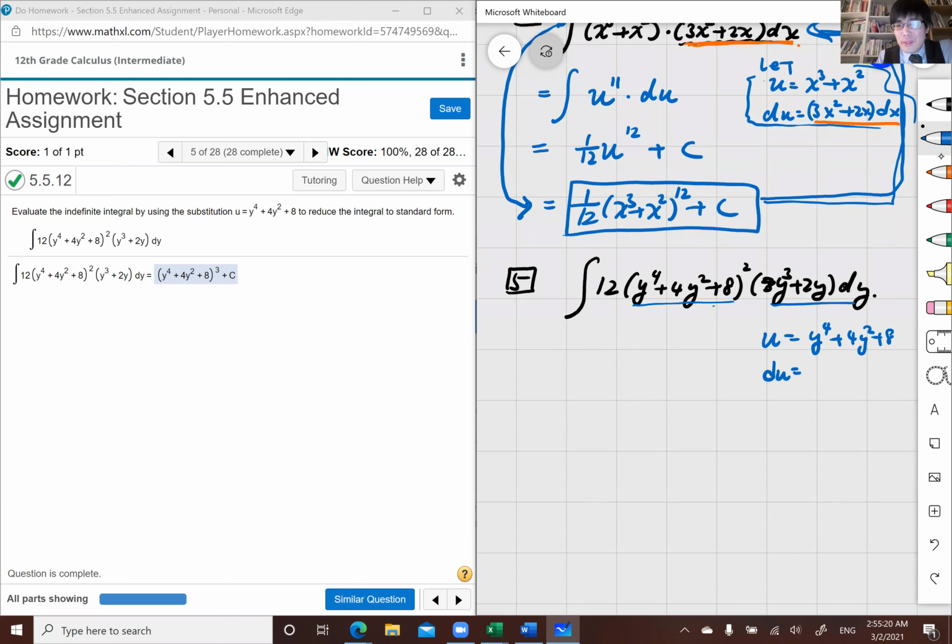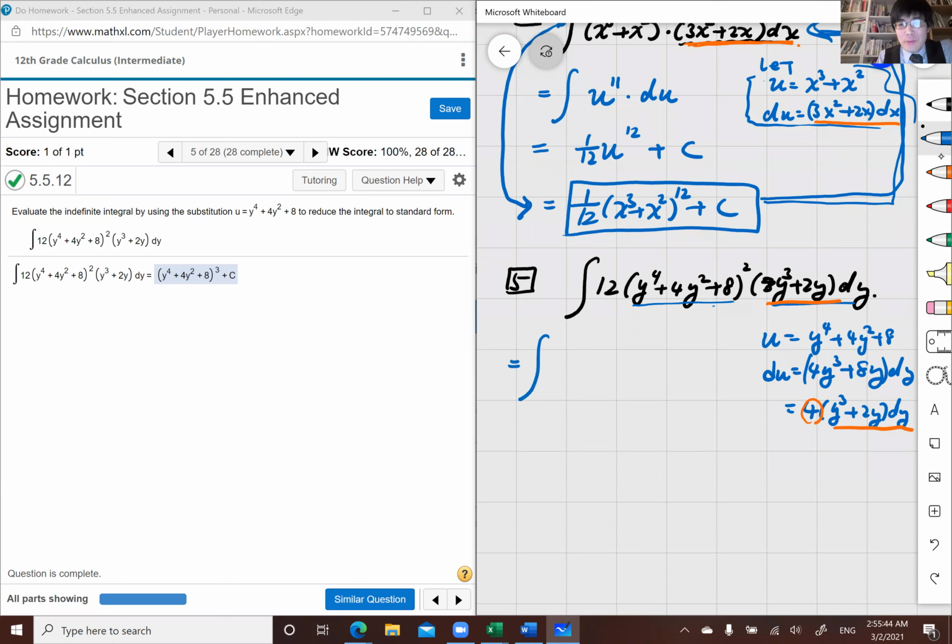Then du will be (4y cubed plus 8y) dy. That is equal to 4 times (y cubed plus 2y) dy. Now you see this is equal to this, and the only difference is a constant multiple, which can be handled very easily.